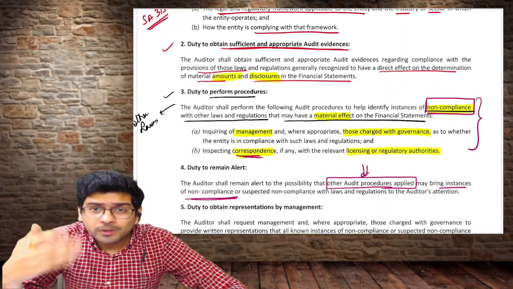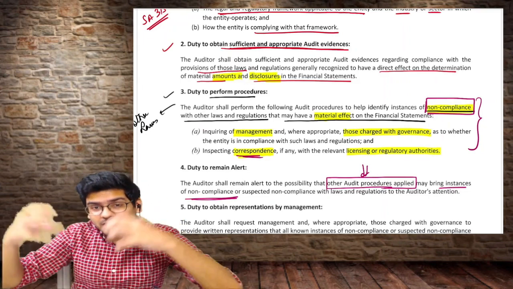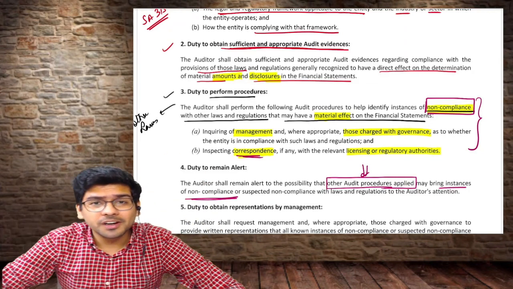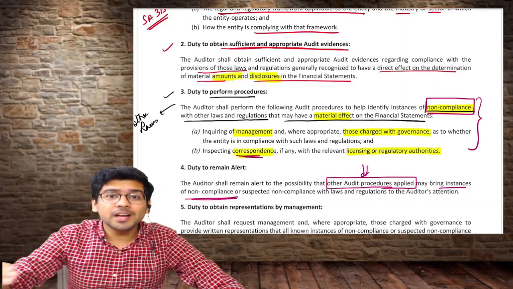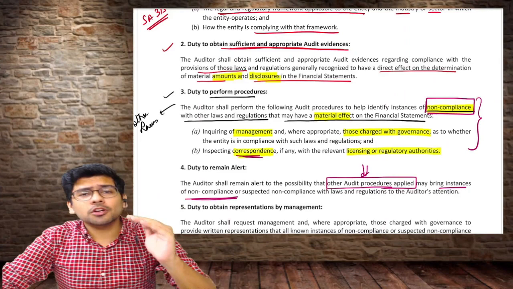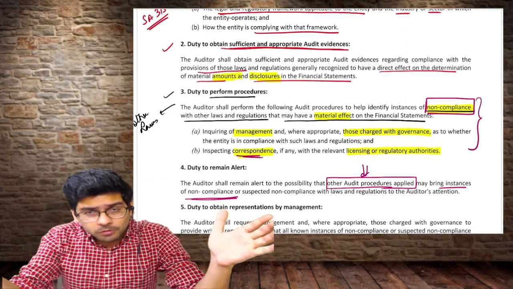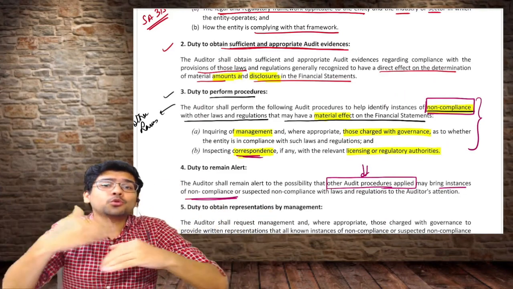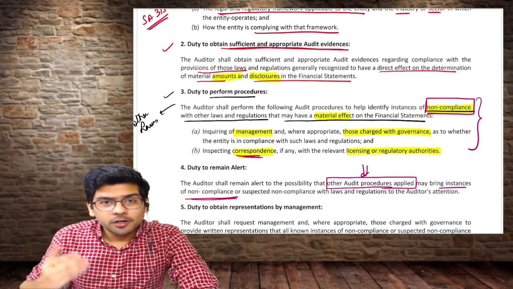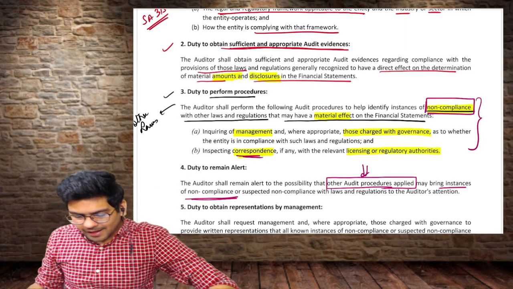So we are doing some other audit procedure, but we come across instances, so we should always be alert. Yes, this is a violation of, let's say, some labor laws in India, right? They have engaged child labor here. So under point number 4, it is your duty as an auditor to remain alert throughout the audit. It may so happen that you do some other procedures, but they may uncover instances of non-compliance.